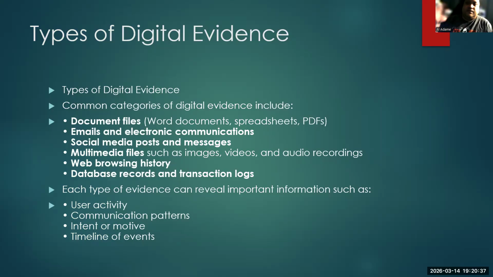Anything that ends in dot something is a computer file, right? Like I said, emails and electronic communications, like chat logs, instant messaging, Discord messages, social media posts and messages, multimedia files such as images, video, and audio recordings, which I mentioned above.